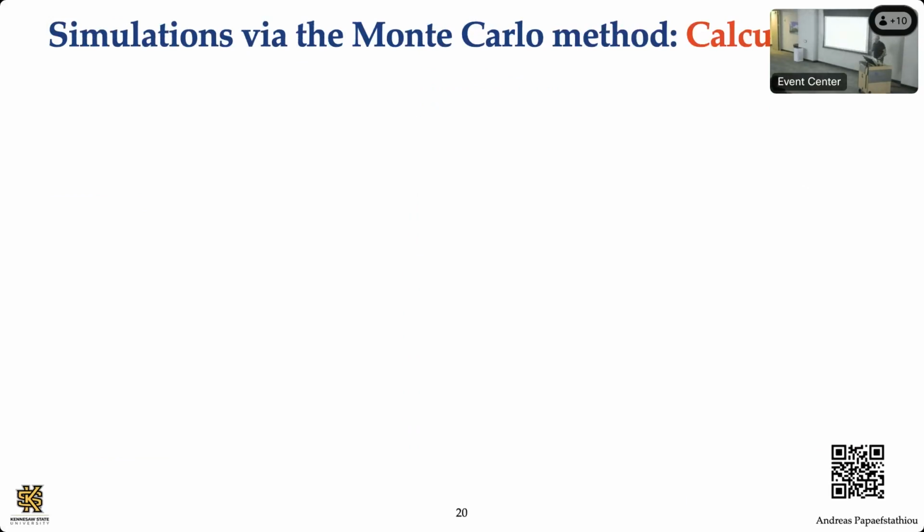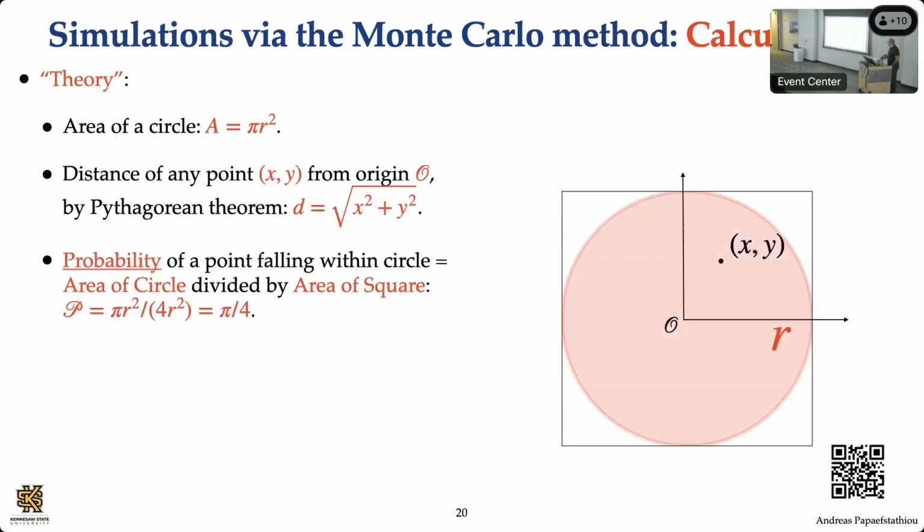This is a very simple simulation. You can probably write it on your computer very quickly. So what is the theory element in this? We all know it from school. The first is that the area of a circle is proportional to r squared, and our goal is to calculate the proportionality constant pi.